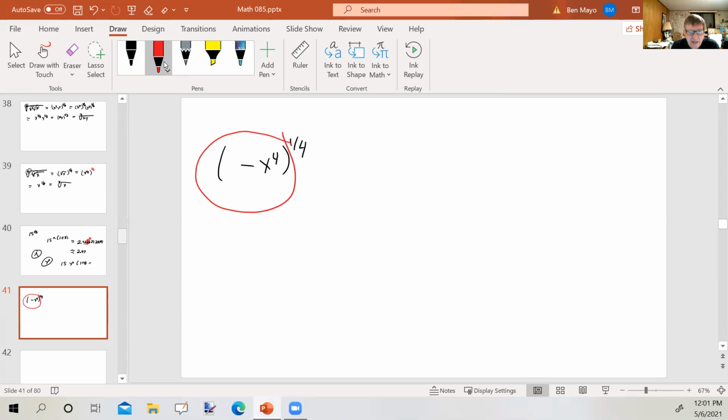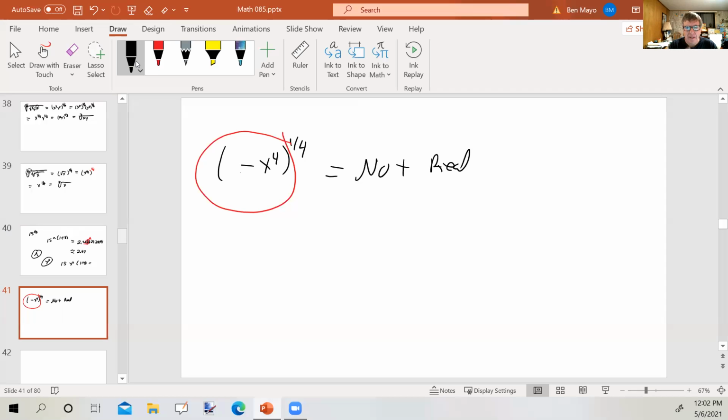So negative x to the 4th is going to be a negative number because x to the 4th would be 0 or positive, and then if you got a negative, so taking the 4th root of that, it's going to be not real. Okay. Oh, it says all variables represent positive real numbers. So we know that x isn't 0. So positive to the 4th power is positive. Negative in front of that makes it negative. We're trying to take an even root of a negative number. Not real.